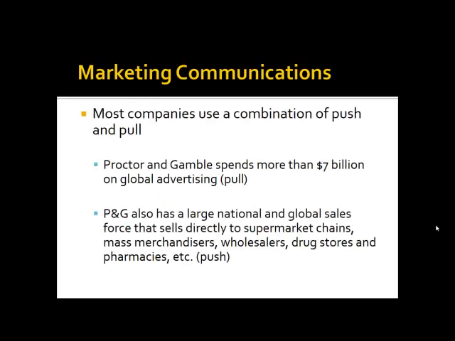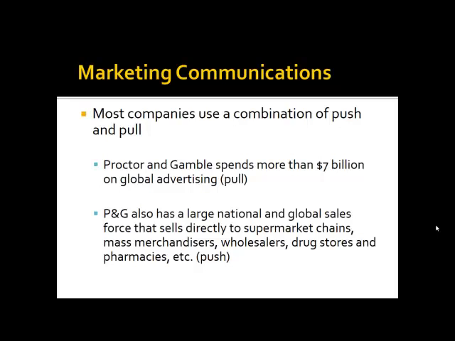So, which is better? Which one should you use? What do most companies use? Well, in an ideal world, most companies would use a combination of push and pull. Procter and Gamble spends a lot of money on pull. It spends over $7 billion globally on advertising.